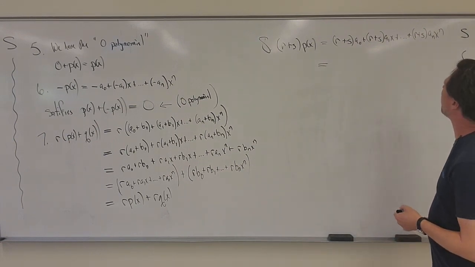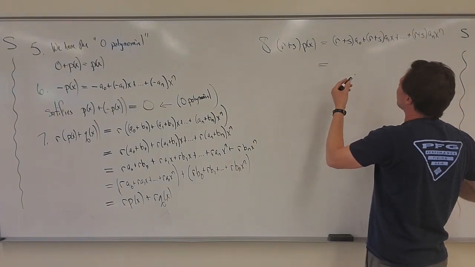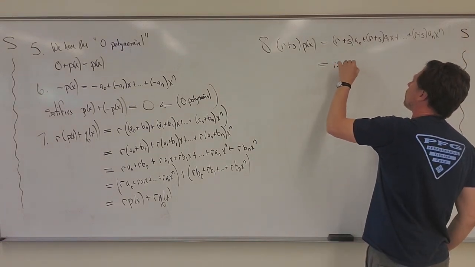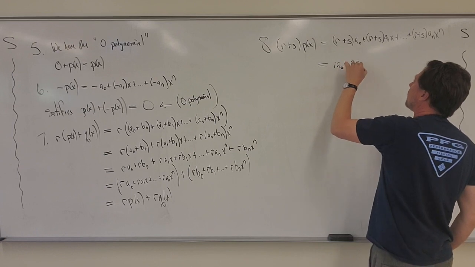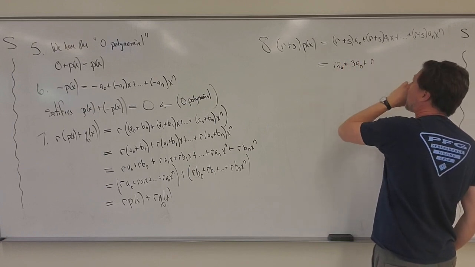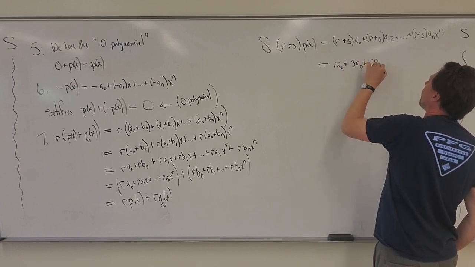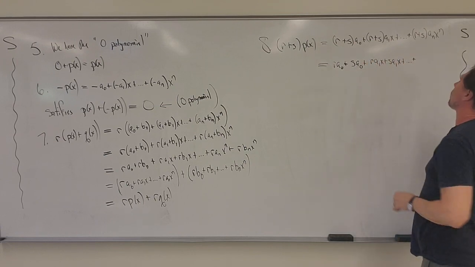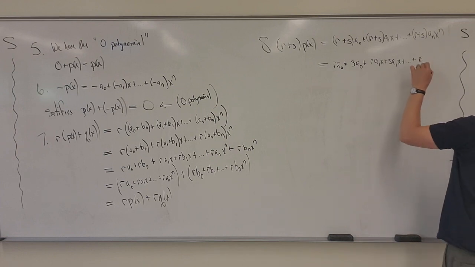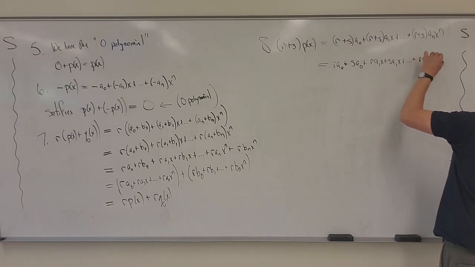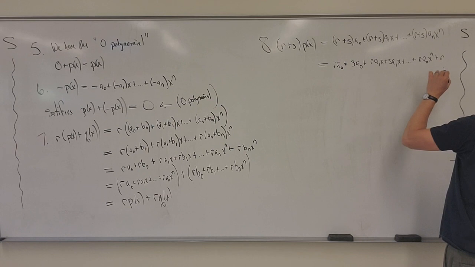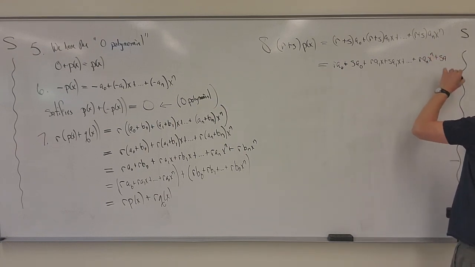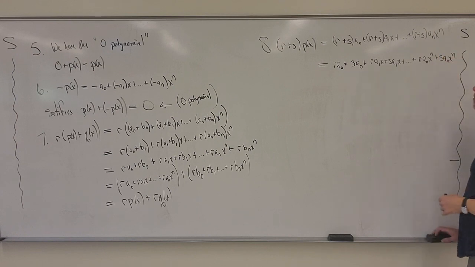Now, if I multiply things out, we know how to do the distributive property here. This is r a0 plus s a0 plus r a1x plus s a1x plus dot dot dot plus r a n x to the n plus s a n x to the n.